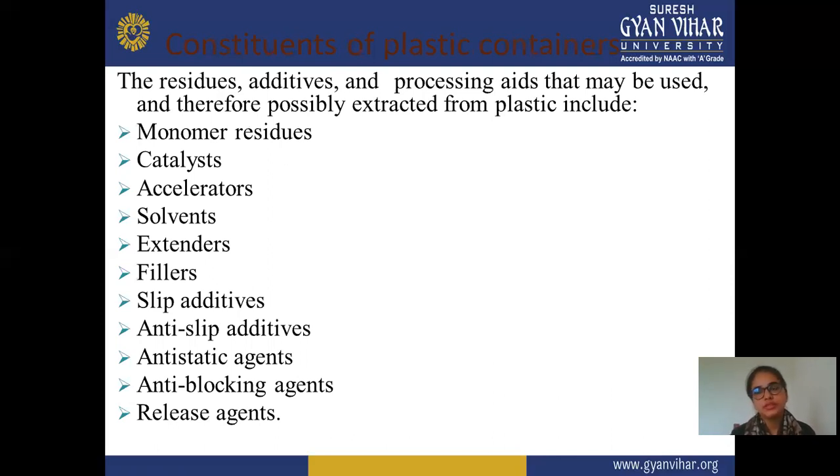First is monomer residue, then catalyst, accelerator, solvent, extender, filler, slip additive, anti-slip additive, anti-static agents, anti-blocking agents, and releasing agents. So these are the additives or materials used for manufacturing of the container other than polymers as a plastic material.